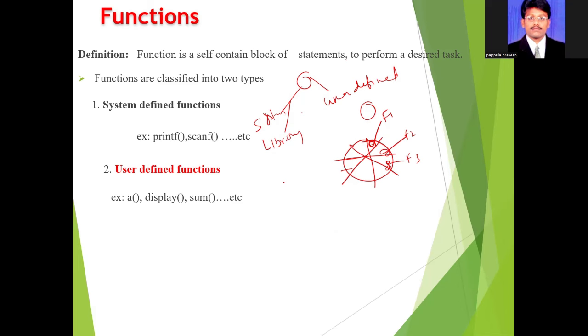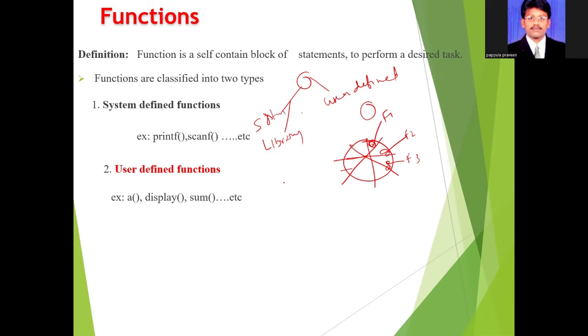Now this can be again categorized: one is string handling functions, and another is input-output functions like printf, getch, getchar, gets, putch, putchar, puts. Many types of functions are available. These are all developed by the developer, not by the user. These are all system defined functions.